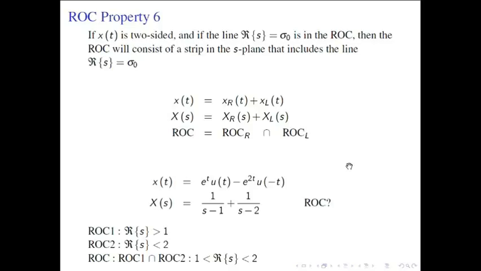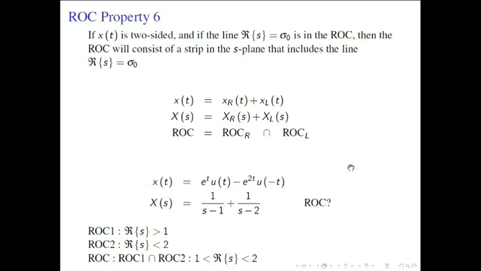As in example 3 that I told you, which was an example of this property, the first part was a right-sided signal and the second part was a left-sided signal, and their intersection in that case was the two-sided signal.